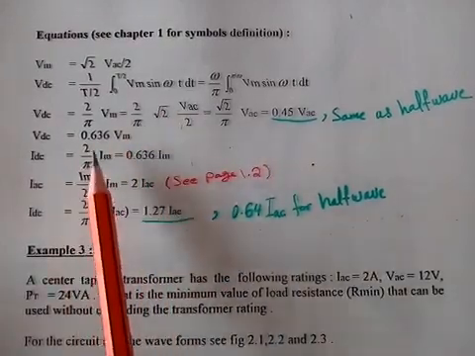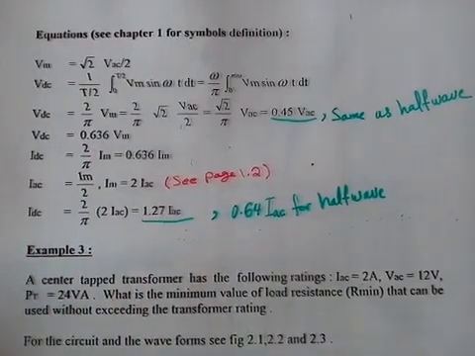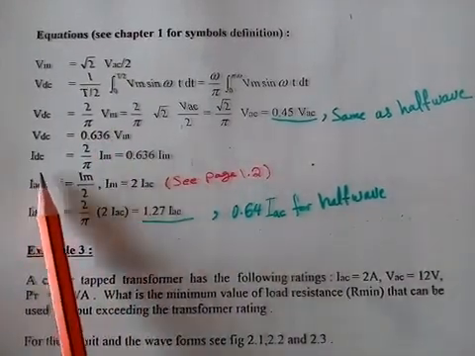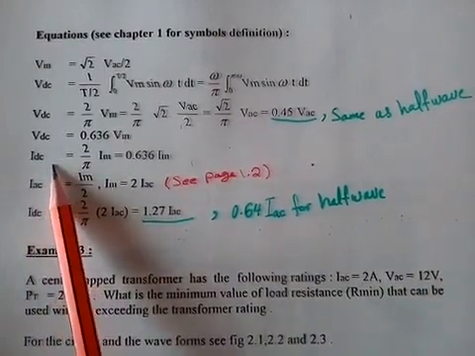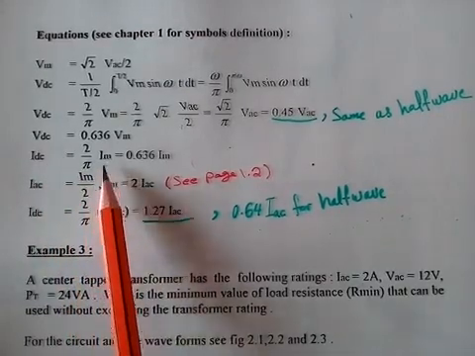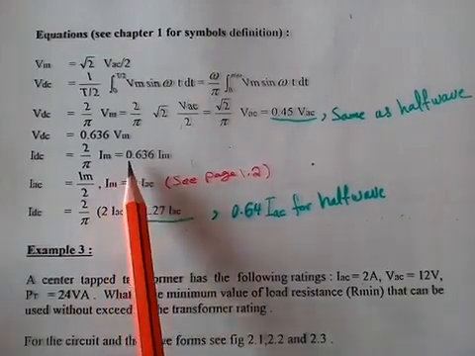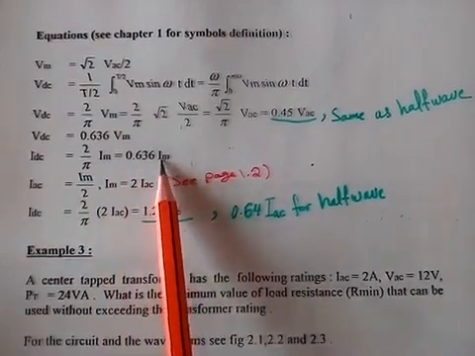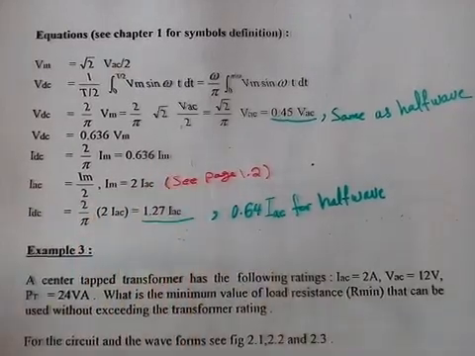That's 2 over pi, which equals 0.64, 64% of Vm. IDC, the average DC current, same thing, would equal 2 over pi multiplied by Im, and that's 64% of the maximum peak current.